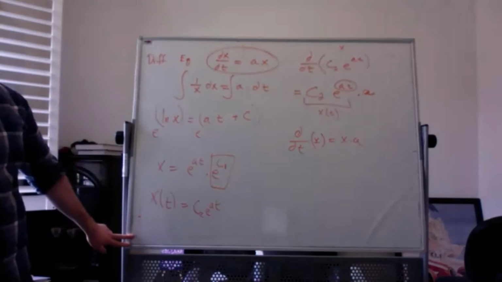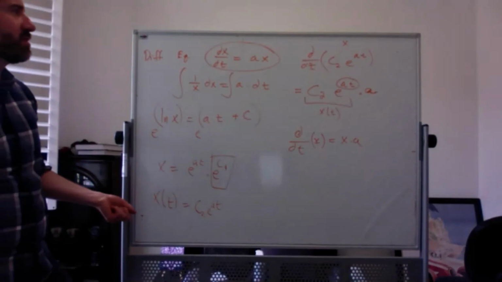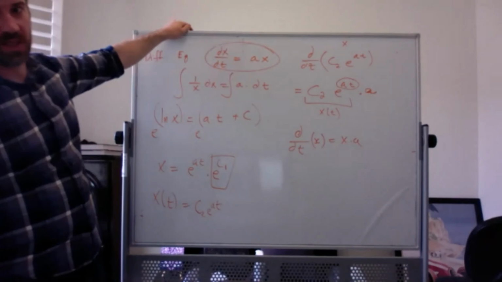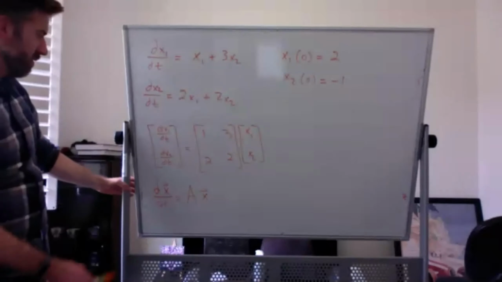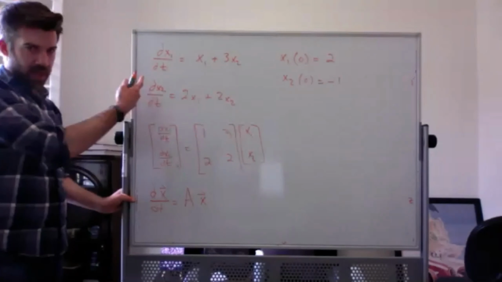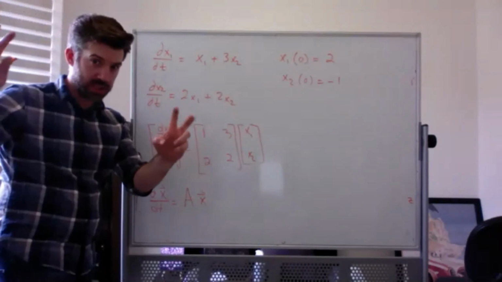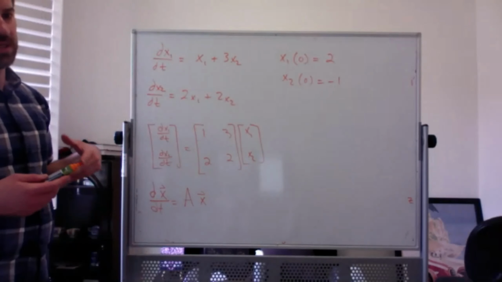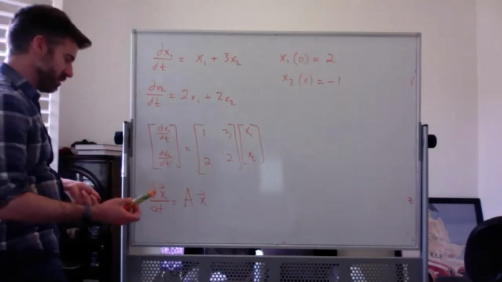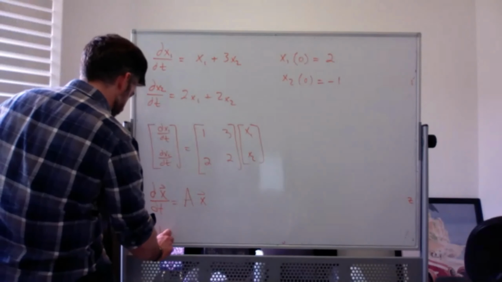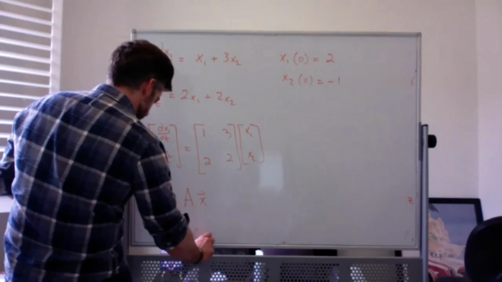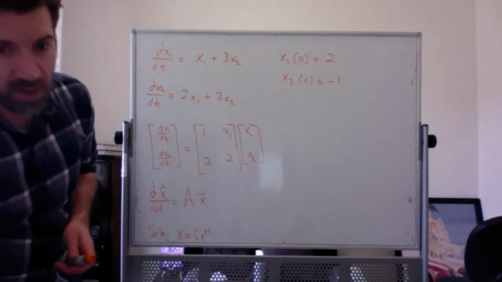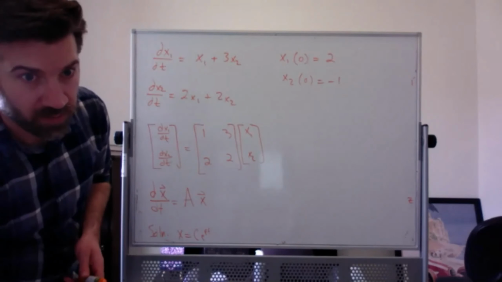It's not exactly the same, but very similar to saying I'm trying to solve the derivative of x is equal to a constant times x, except now it's the derivative of this vector x is equal to this matrix times this vector x. So our solution is going to be something similar to, but not exactly the same as, x equal to c e to the at. It's going to be a little bit more complicated.